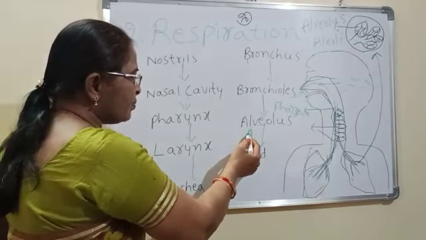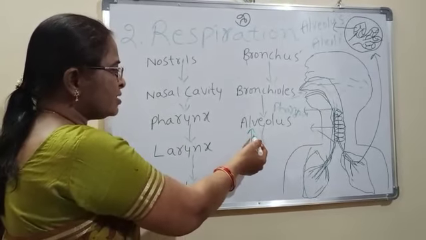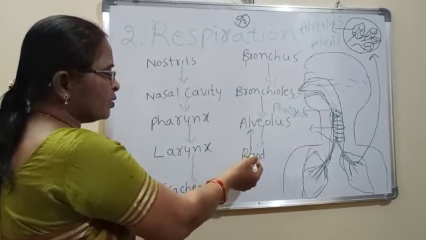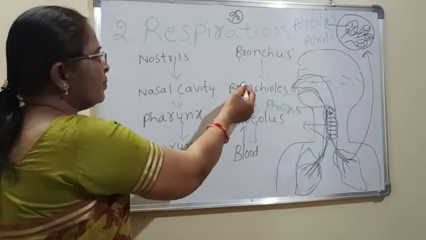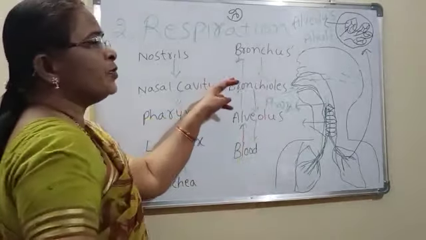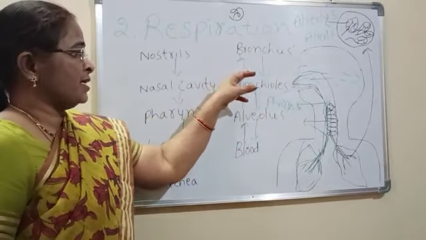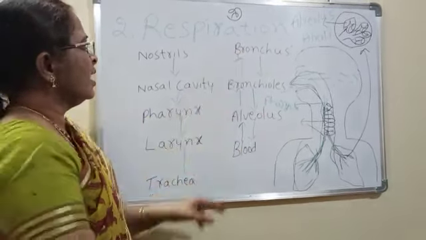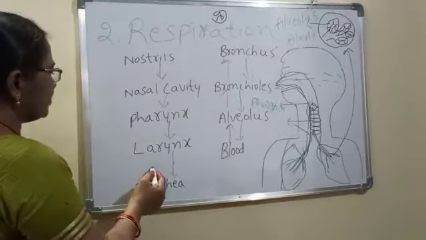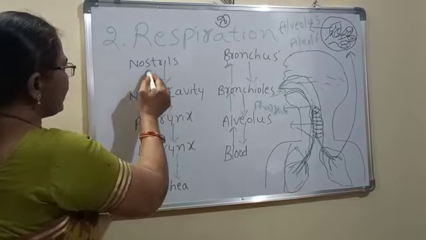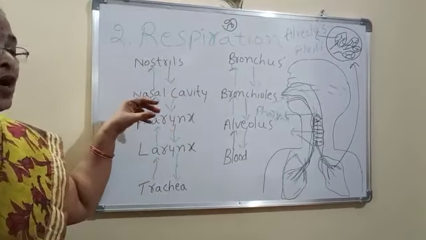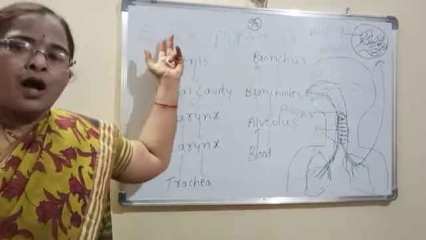Again by the same path, the impure blood returns the carbon dioxide: it goes from the blood to the alveoli, to the bronchioles, through the bronchus to the trachea, and through the larynx and the pharynx. Here the carbon dioxide is coming out.